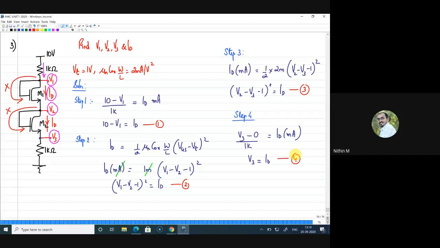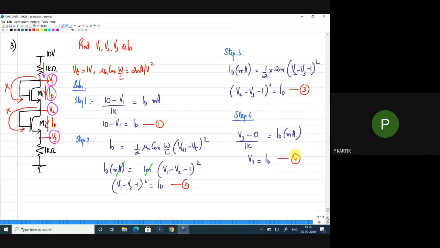Sir, in any of these questions you gave, is it possible that the MOSFET could be in cutoff? The questions we have done so far, in fact no, all are carrying some current. That can be verified: you go with the assumption that it is on, and if you end up with an answer which contradicts it, then you can check.